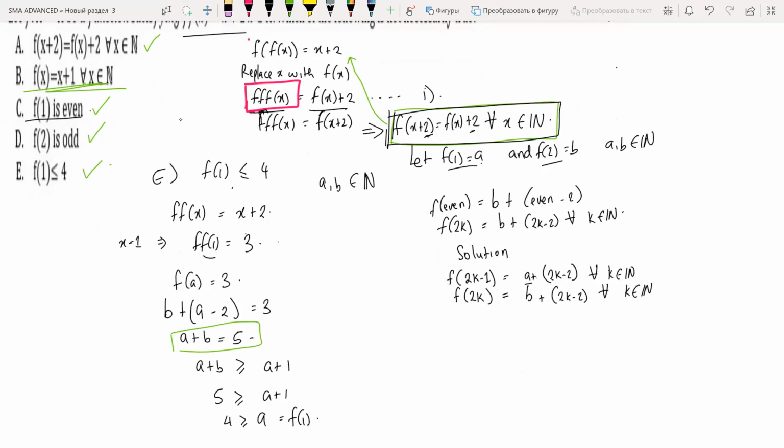We can just say let a be equal to 4 and b be equal to 1. So if we have this, this is a solution that is not this. So I found a counter example to this.